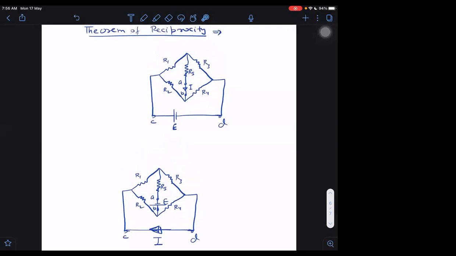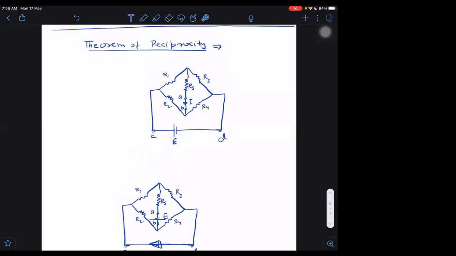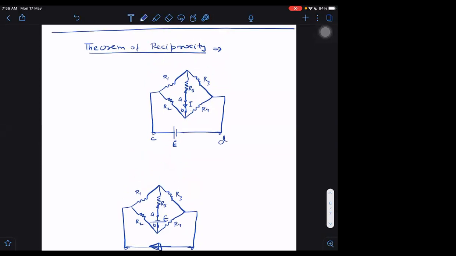It is very interesting that we can interchange them. If we take the battery and keep it in another branch, then the current goes to the branch where the battery was in the first place. It always happens like that. This is the theorem of reciprocity, valid only when there is only one battery, not multiple batteries.